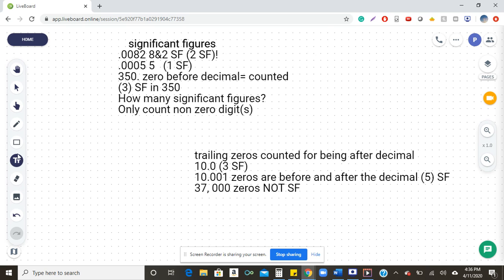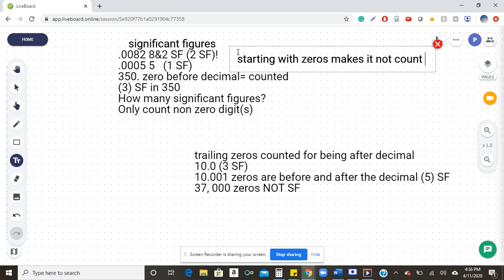So let me just write that down right here. Starting with zeros makes the zeros not count.